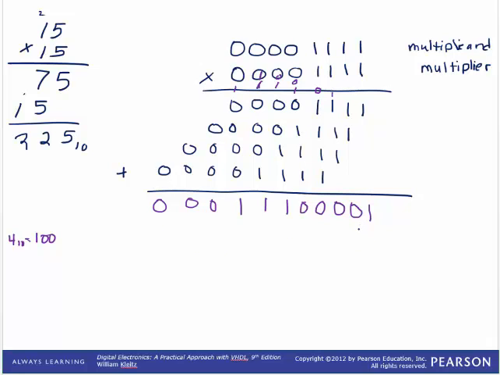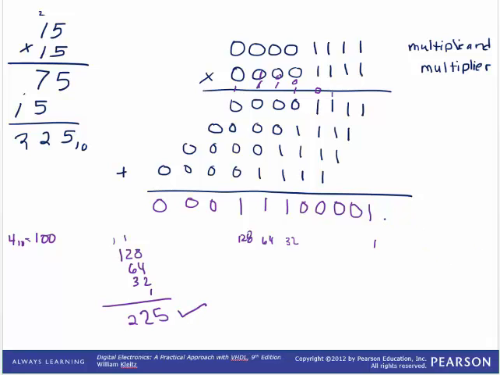So is that the correct answer? I have a 1, a 2, 4, 8, 16, a 32, a 64, and a 128. And I add that up to check. 128, 64, 32, and 1. 12, 13, 14, 15, 9, 10, 11, 12, 225.